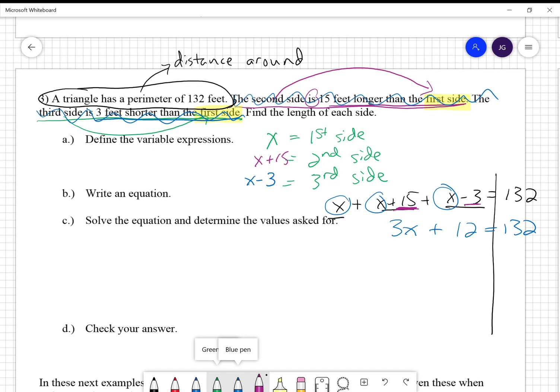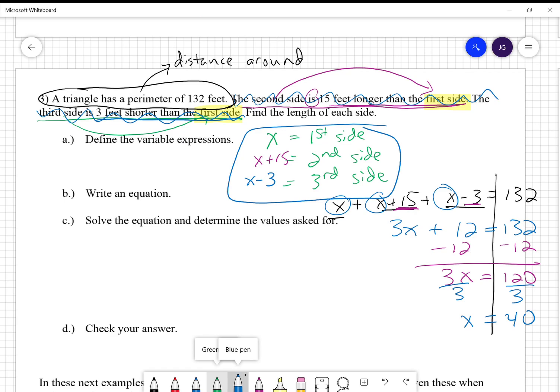Okay. To solve for x, subtract 12 on both sides, and divide by 3. X equals 40. Remember what x was? X is the first side. 40, and my label here is feet.